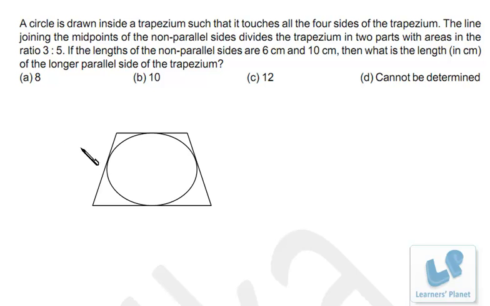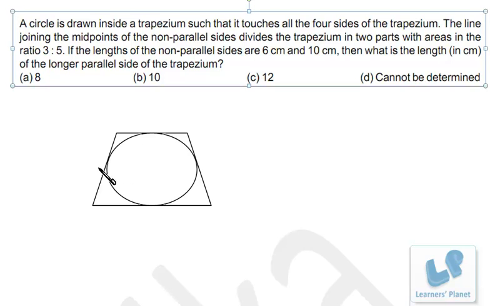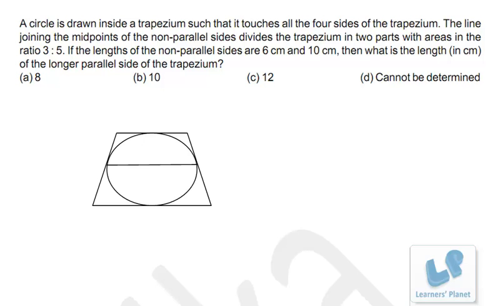So first of all, I just draw a line, this. That is, the line joining the midpoints of the non-parallel sides divides the trapezium into two parts. The area of the upper portion and the area of the lower portion are in the ratio 3:5.